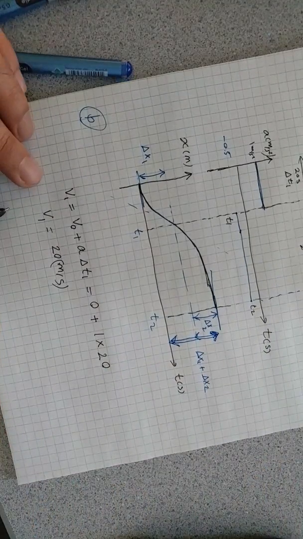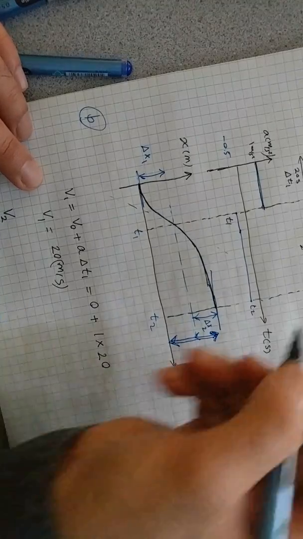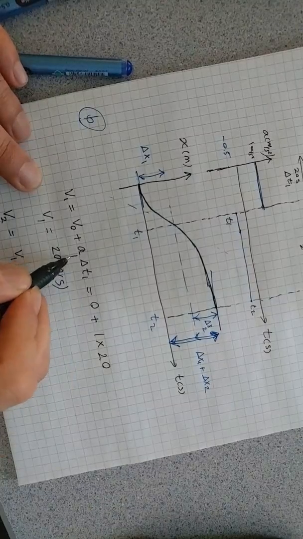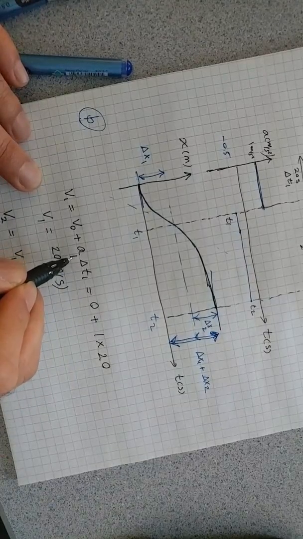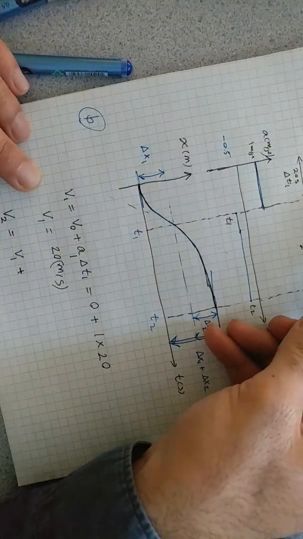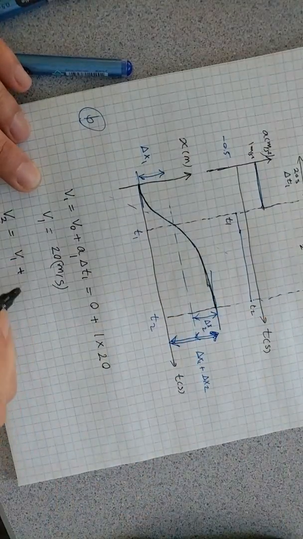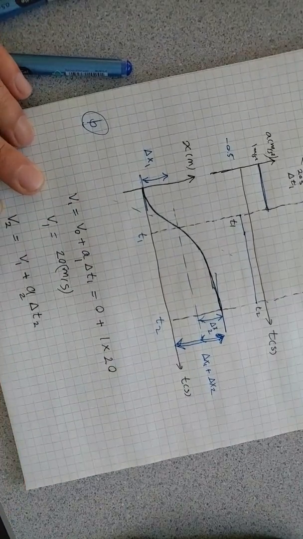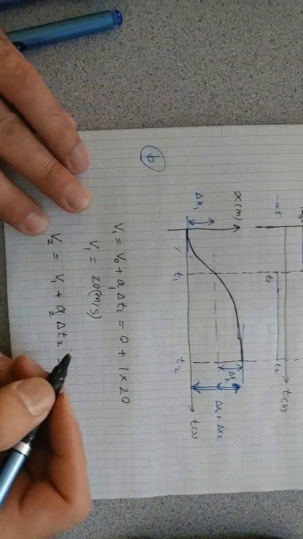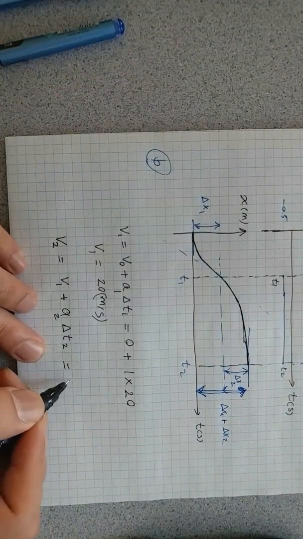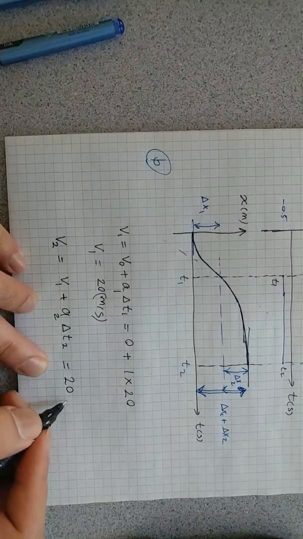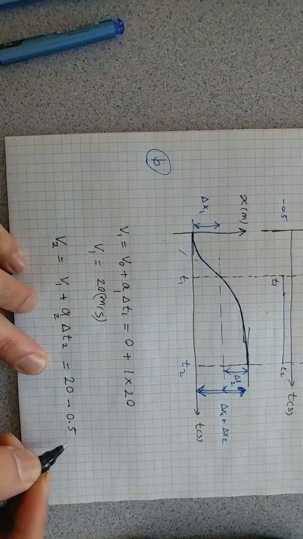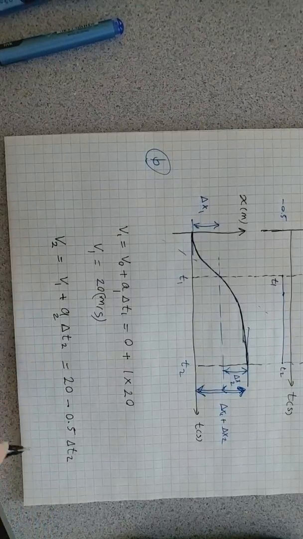acceleration. So we say v2 at this point is equal to v1 plus, maybe I should use an underlined 1 for the acceleration during the first part, and a2 for the acceleration during the second part. So it is going to be equal to 20, and the acceleration is negative, so minus 0.5 delta t2, which I don't know.